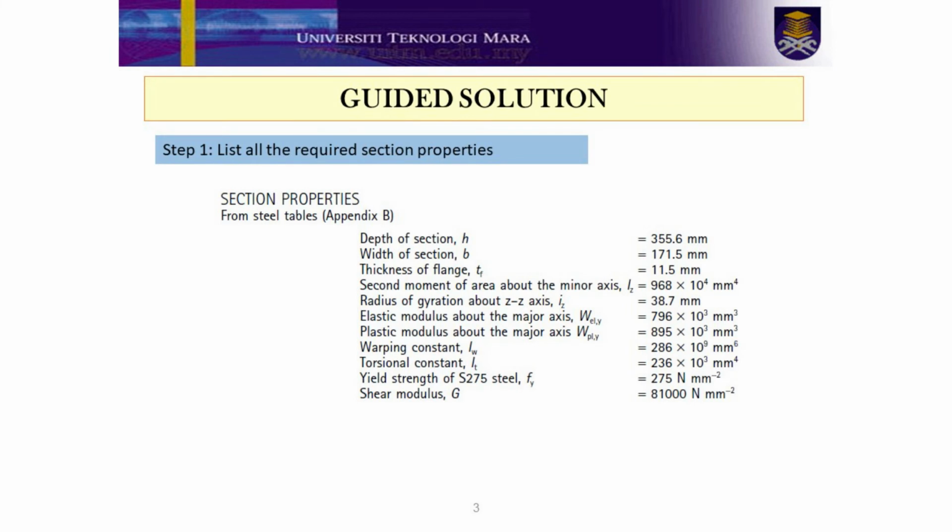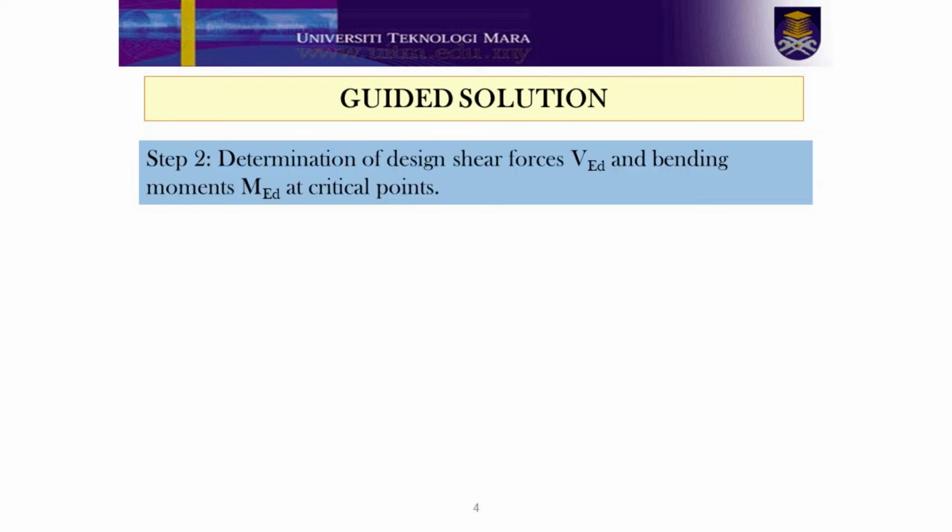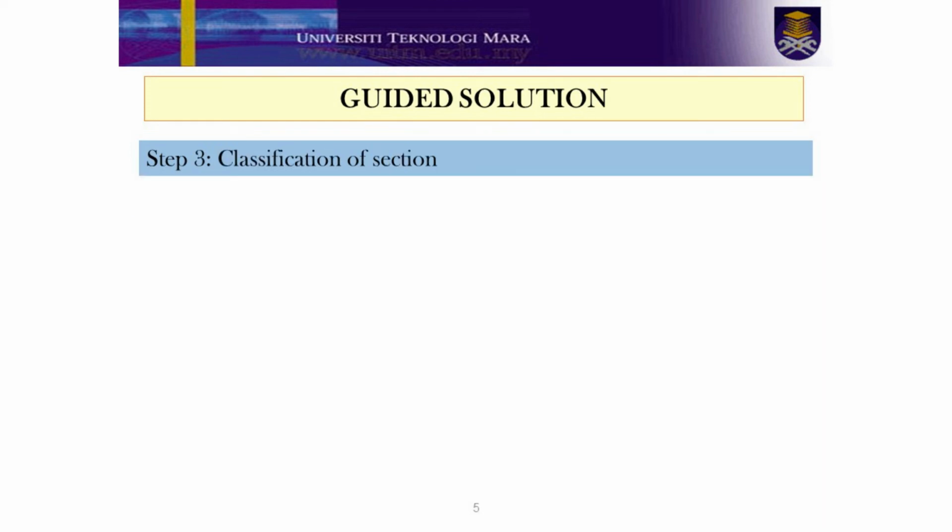The following slides provide the step-by-step procedure. You are required to provide a solution for each step given. Step 2. Determination of design shear forces, VEd, and bending moments, MEd, at critical points. Step 3. Classification of section. Step 4. Resistance of cross-section to bending and shear, ULS.